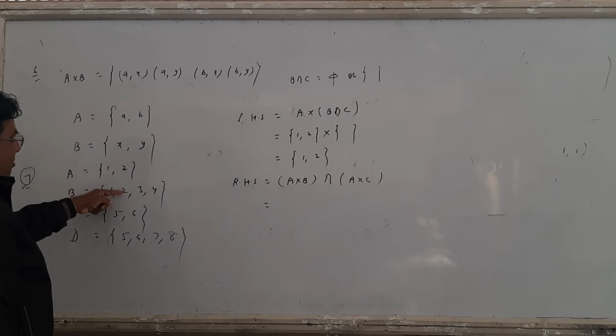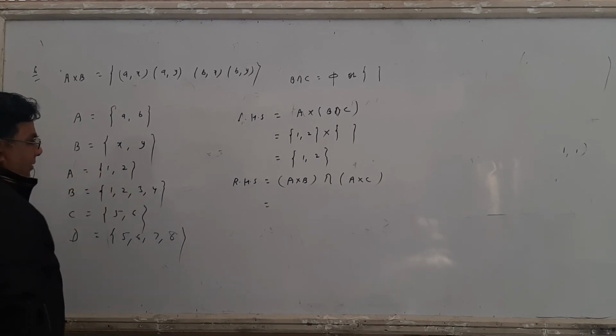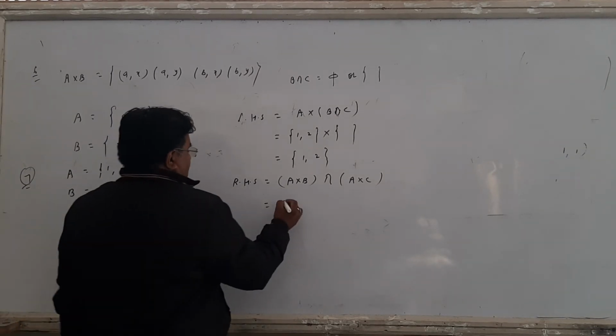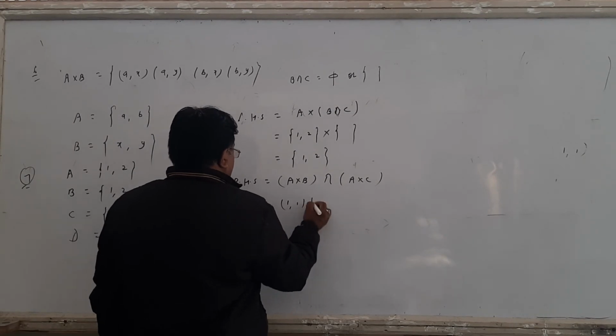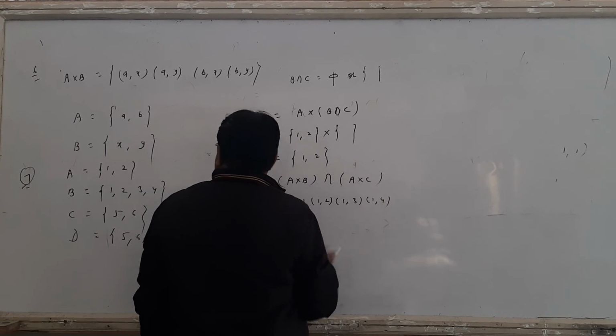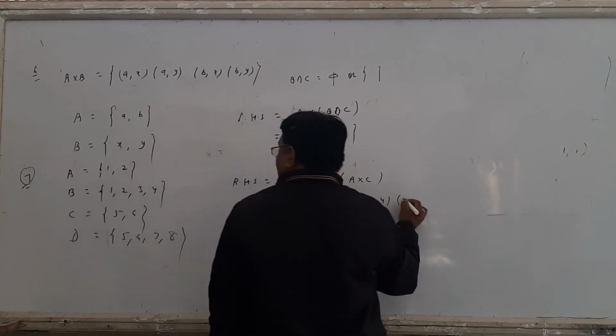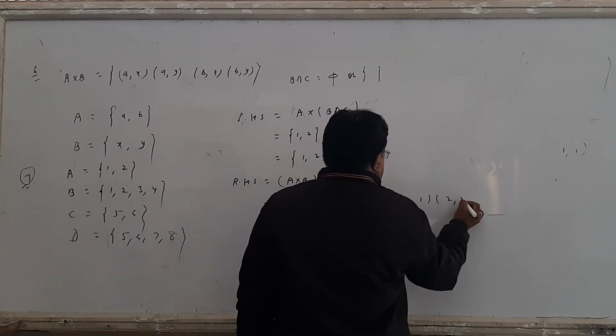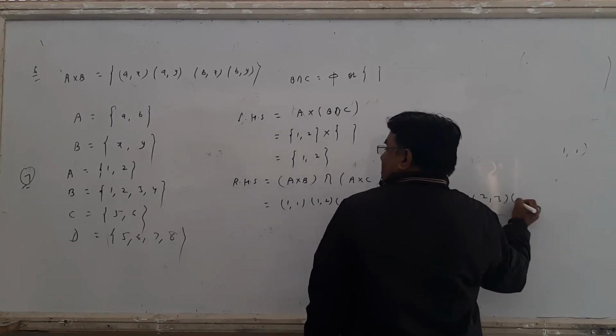That is A cross B: (1, 1), (1, 2), (1, 3), (1, 4), then (2, 1), (2, 2), (2, 3), and (2, 4).